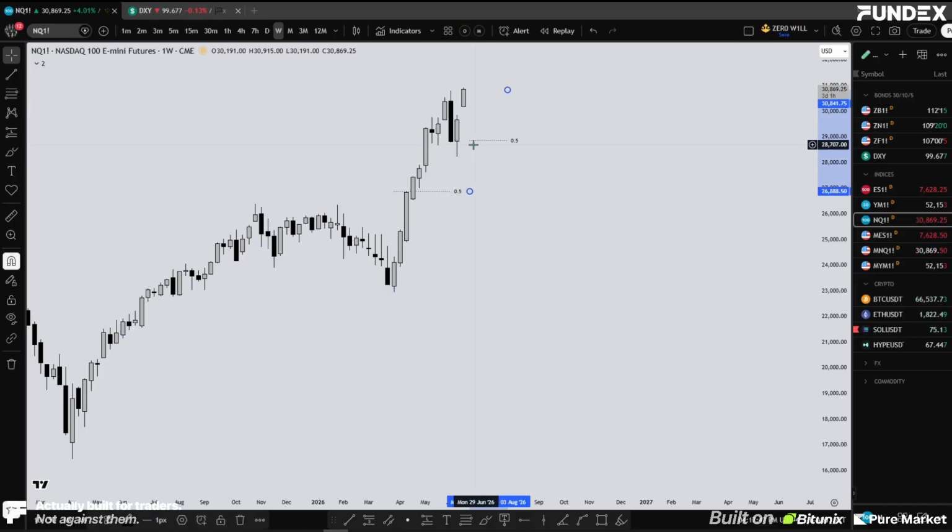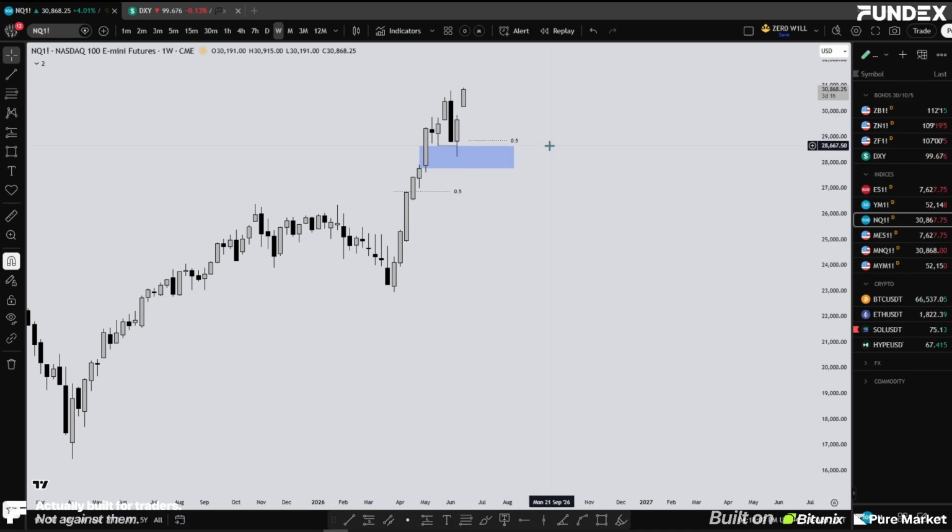We get the discount and premium of the premium quadrant, which I know is a little bit wild, but yeah, so we hit this fair value gap right here that was inside the discount of the premium. It's a little bit of a mouthful.